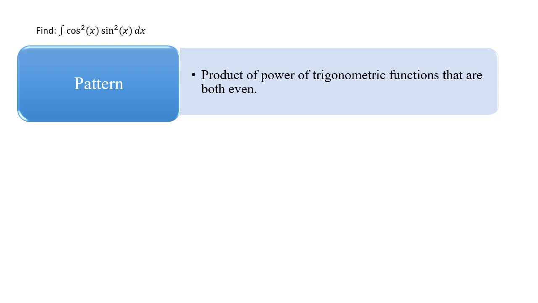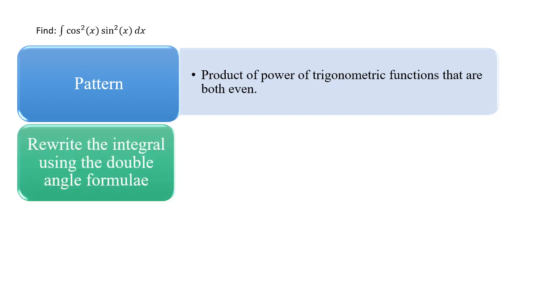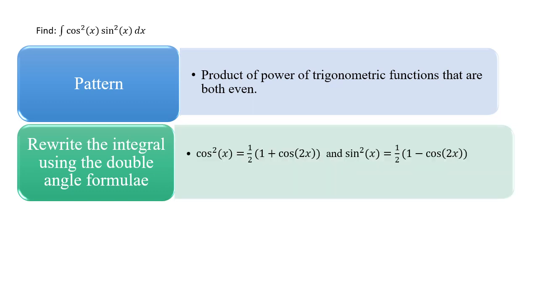And because they are both even powers, that means we're going to have to use the double angle formulae. It's kind of the worst scenario when all the powers of the trig functions are even. And remember that the double angle formula for cosine squared x equals 1/2 times 1 plus cosine 2x, and sine squared x equals 1/2 times 1 minus cosine 2x.